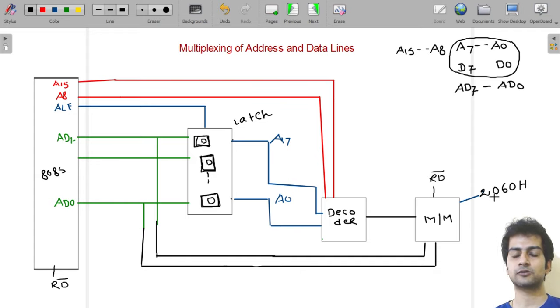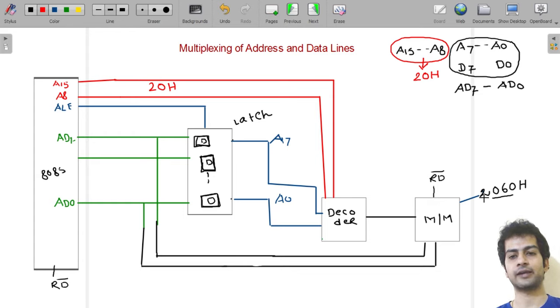I told you that the address of memory is 2060H. This is our higher address, so it will get latched with our higher order address lines. The higher order address lines will have 20H, and this address will come to the decoder.